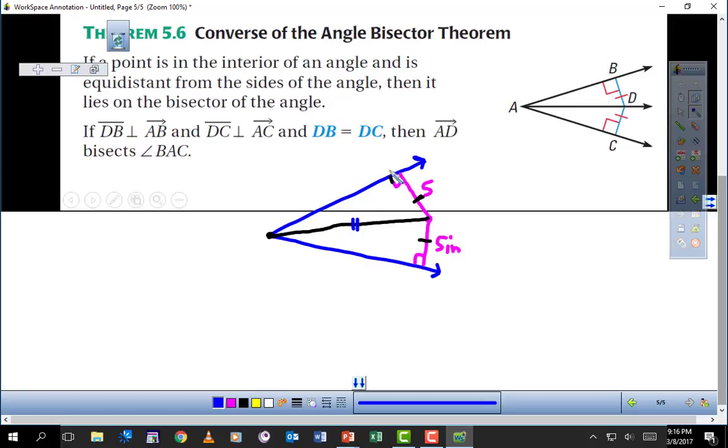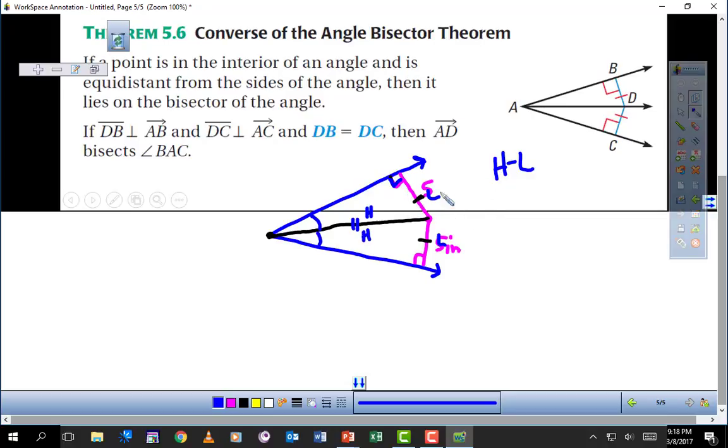So since we have a right angle, we can use the theorem called hypotenuse leg. This is the hypotenuse. Remember, that's the opposite side of the right angle. So this side here is the hypotenuse, and this side here is the hypotenuse. And this here is a leg. There's a leg there and there's a leg there.